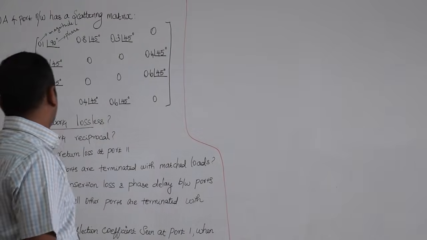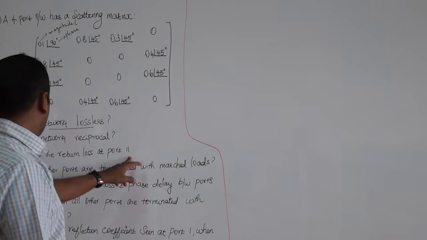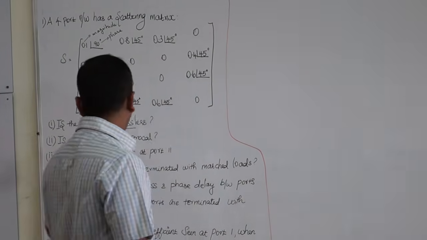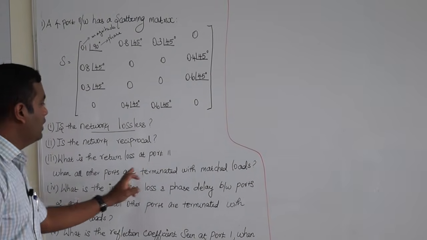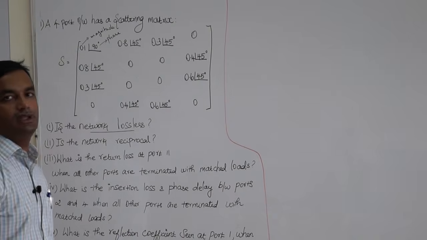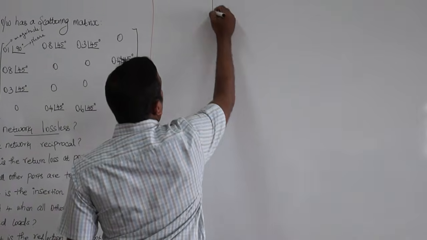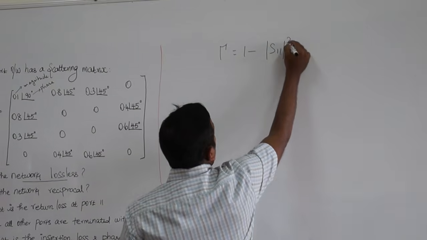What is the return loss of the network? What is the return loss at port 1 when all other ports are terminated with matched loads? To find out this, we use the formula gamma is equal to 1 minus modulus of S11 squared.